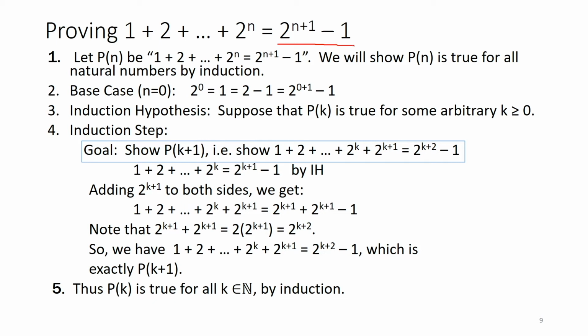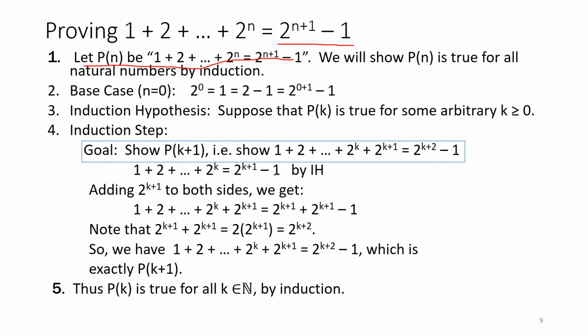So maybe we can see the pattern and make this equation, but we want to show that it's true. So this is the claim. They are the same. And the base case, when n is 0, the left hand side will be 1, the right hand side is also 1. So let's assume P of k is true.